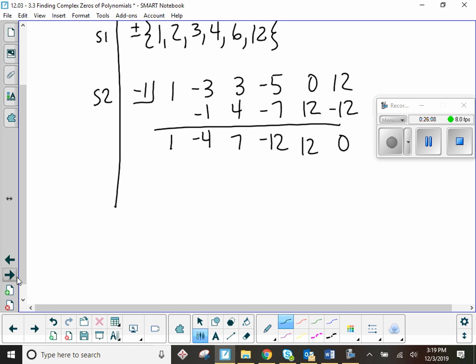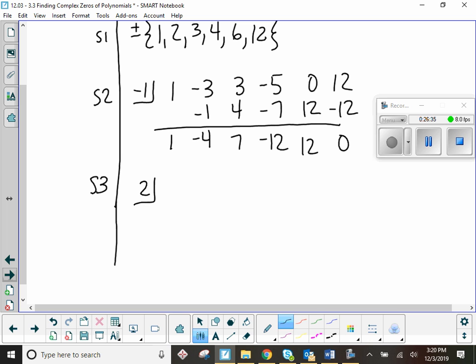Would you like me to just tell you a number that works? 2. Oh, sorry. Pretend you didn't hear me. 2 works. So we do need to do step 3. But here's the thing. It won't do you any good to do your second round of synthetic division on the original problem, because you'll just end up in a similar spot where you have 5 things.